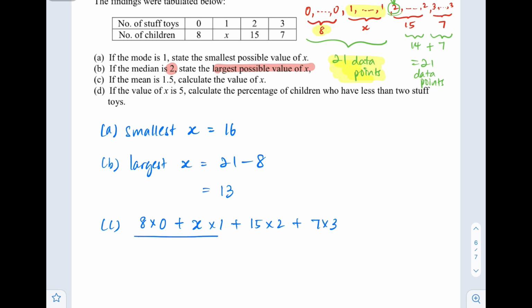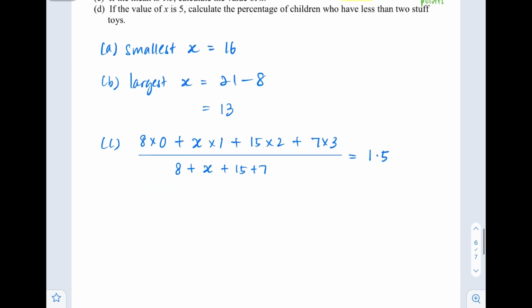So this will give me the total number of stuffed toys the children have. Then divide this by the total number of children, which is 8 plus X plus 15 plus 7. That is your total number of children. And this will be equal to the mean of 1.5.